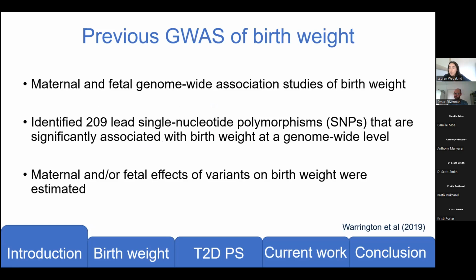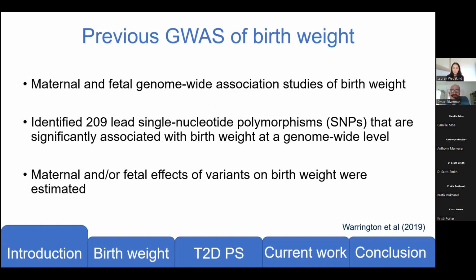So first, there's a type of research methodology called a genome-wide association study. And I'll just summarize some of the really important work that's done by a group led by Warrington et al. a couple years back. A genome-wide association study is a pretty fascinating type of study that emerged over the past few decades.